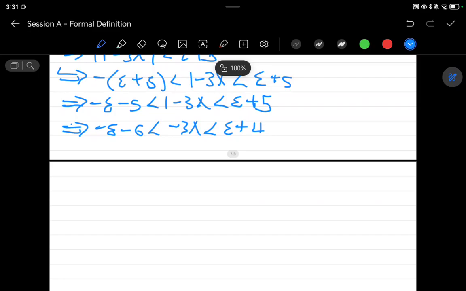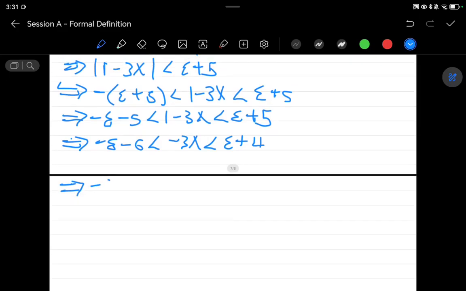Then I get rid of the minus 3. I'll just divide by minus 3 both sides. I'll have minus epsilon minus 6 all over minus 3, which is greater than x, greater than epsilon plus 4 over minus 3. So the sign will change every time I divide by a negative value.